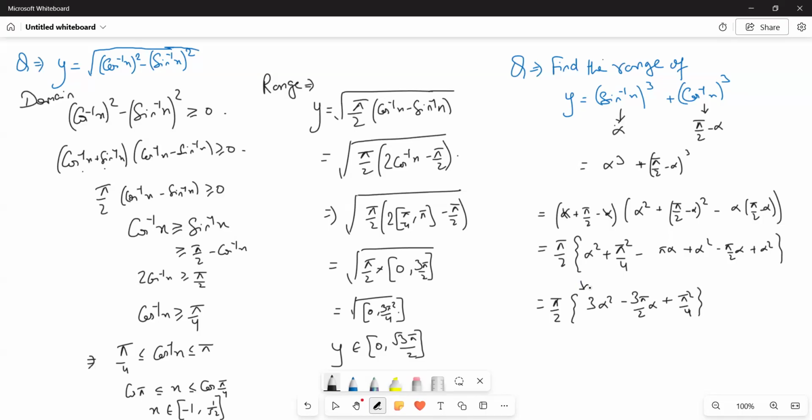How do you find the range of a quadratic expression? We check whether alpha is an ideal variable or not. So tell me, is alpha over here an ideal variable?